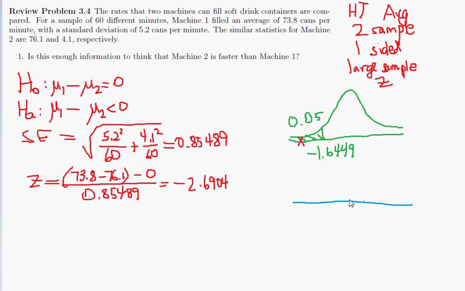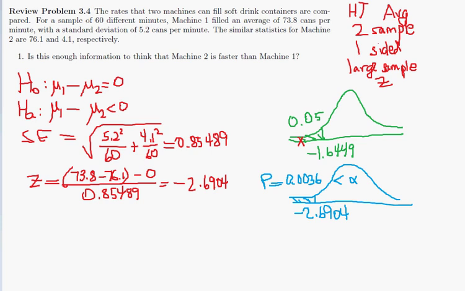The second way of proceeding is to find the p-value, meaning we find the probability of an event this extreme or more extreme, negative 2.6904. We find the area to the left, and using the normalCDF command or else normsdist on a TI calculator, we get 0.0036, and that is less than the given value of alpha.